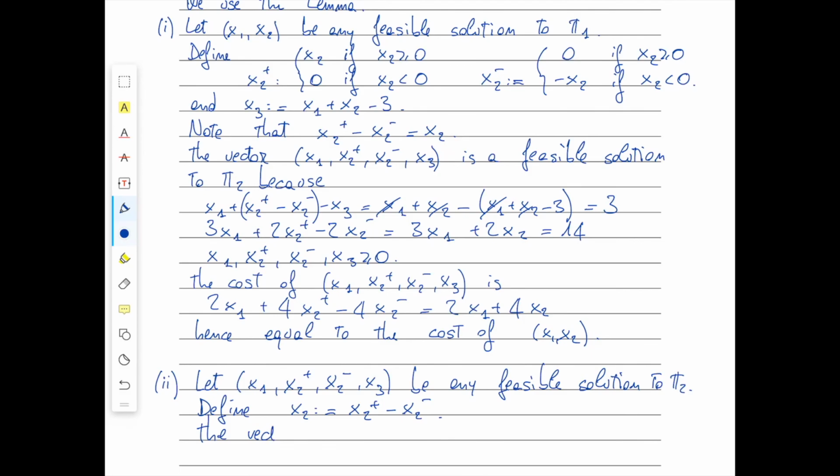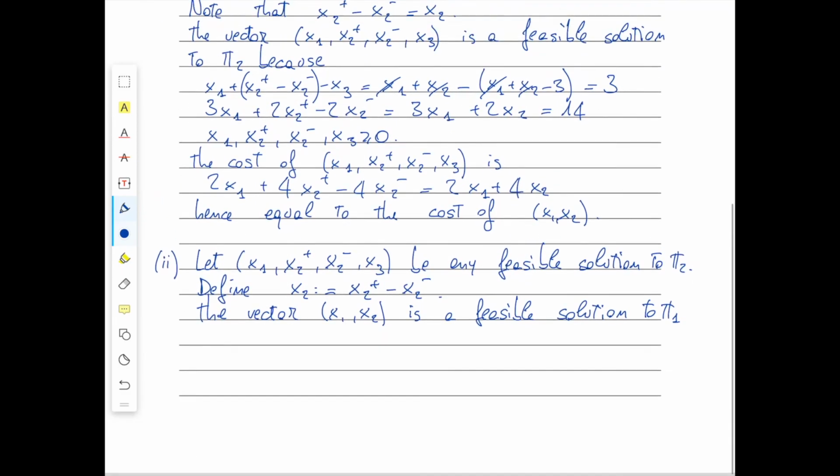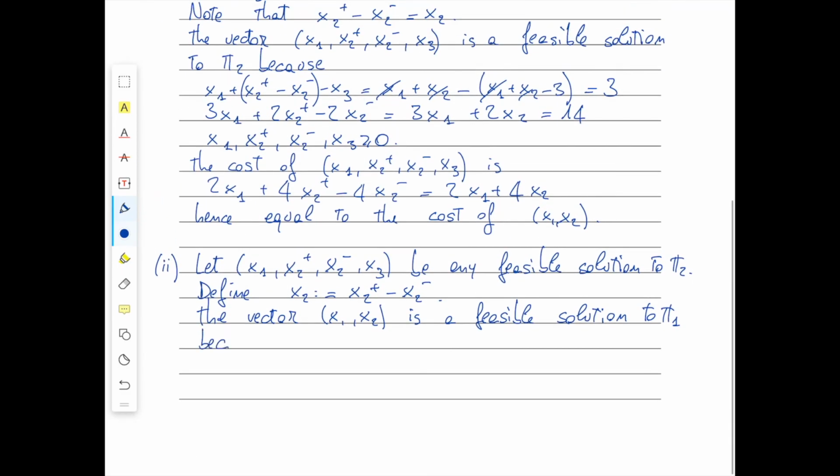So the vector x1, x2 is a feasible solution to pi1 because, so we have 3 constraints to check.